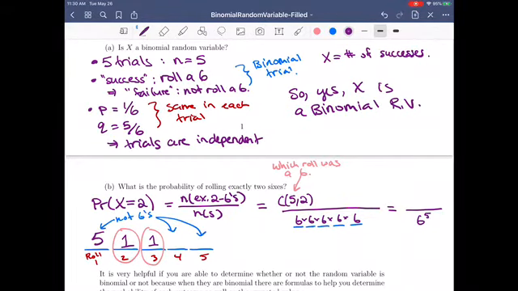So there's 5 options for each. This is going to be 5 choose 2 to pick where the 6s are, times 1 squared to make them 6s, and then we multiply by 5 cubed, which is the 5 options for the other 3 rolls.